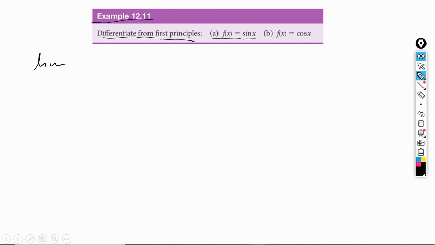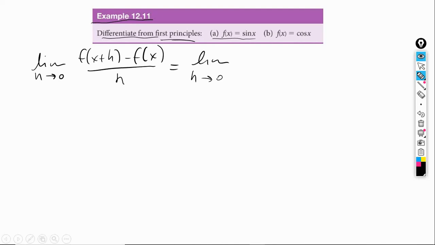So limit as h approaches 0 of f of x plus h minus f of x over h. In the case of sine, we can write this as limit as h approaches 0 of sine of x plus h minus sine of x over h.